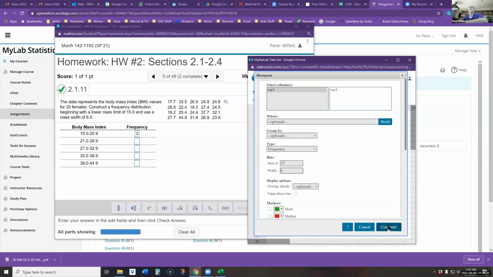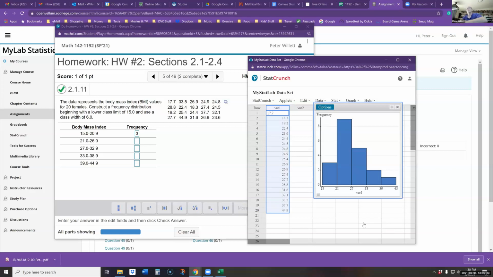All right, so let's see what we get. So this is now a histogram of this data set, and the classes across the horizontal axis have been created beginning at 15 with a width of 6, which matches what they said in the problem. And the height of each of these bars is the frequency value that we're looking for.